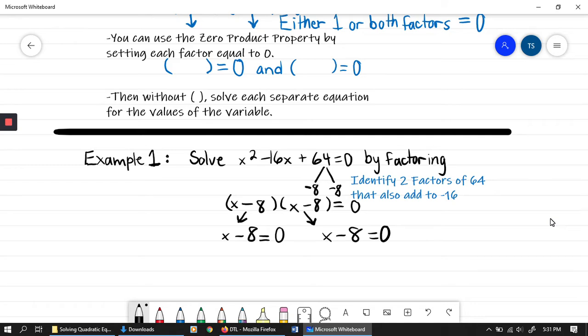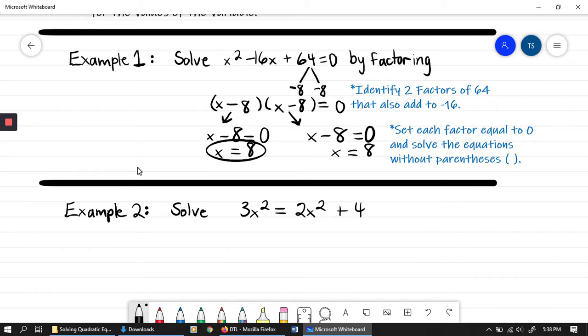We add 8 on both sides and get that x equals 8. Same thing here. Usually you would possibly have two different or unique answers, but in this case, x equals 8 is the only solution here.